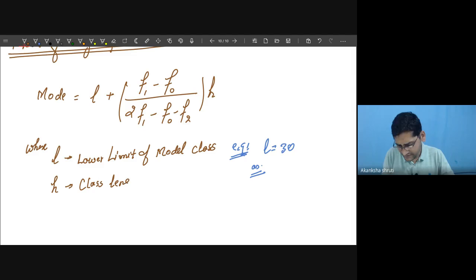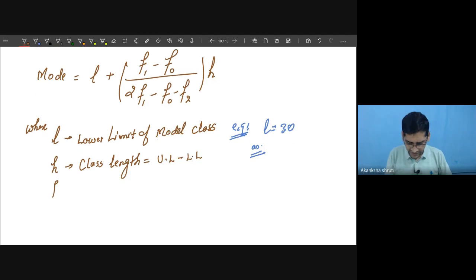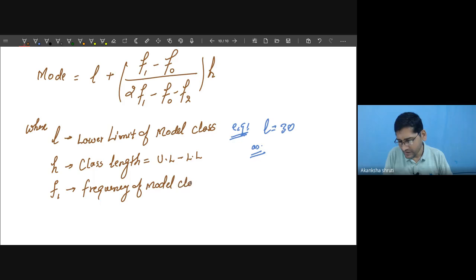Class length we already know. For any class, for uniform class intervals, we have to take upper limit minus lower limit. This we already know. Here F1 denotes the frequency of the model class.